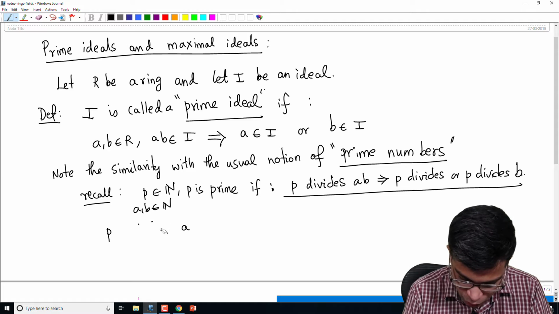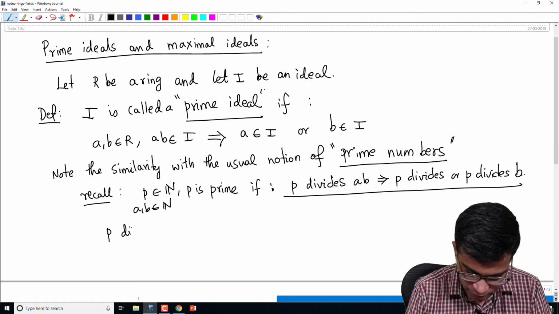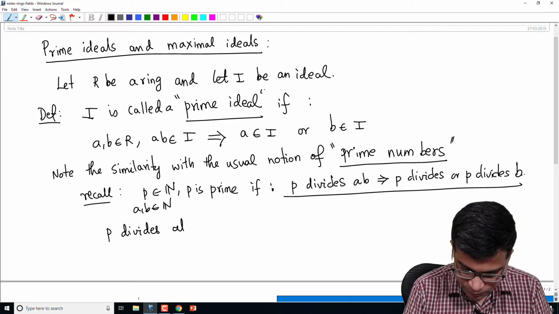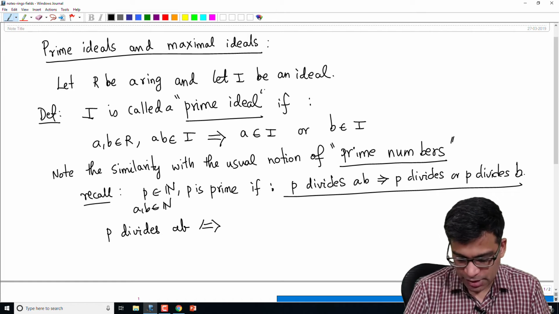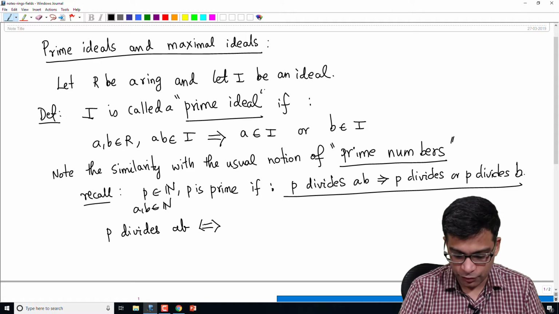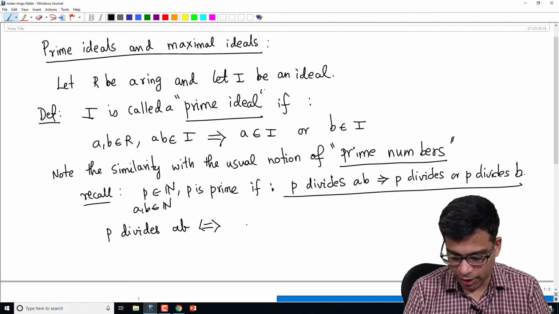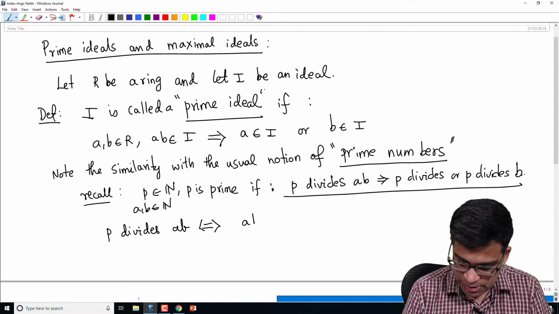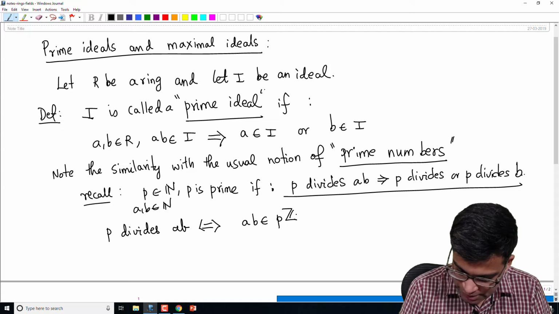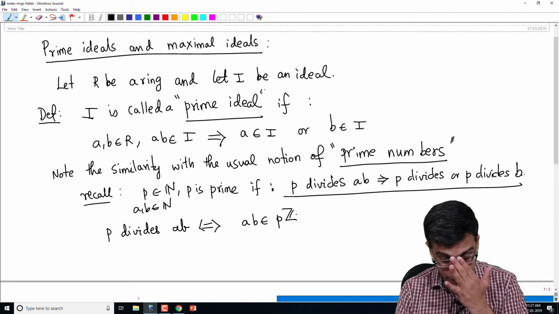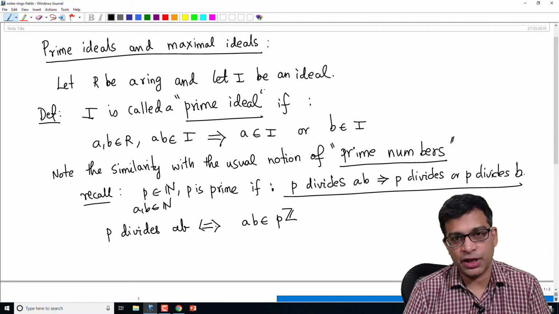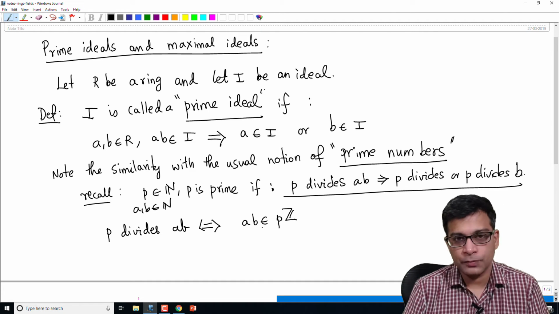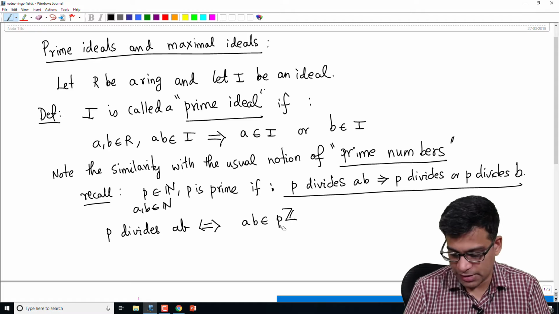P dividing AB, let me write it formally like this: P divides AB if and only if, this is our standard way of describing it in English, right? But in the ring theoretic language that we are learning in this course, this means that AB is in the ideal PZ. Remember, PZ is the collection of all multiples of P. If P divides AB, that means AB is a multiple of P. So that means AB is in PZ.